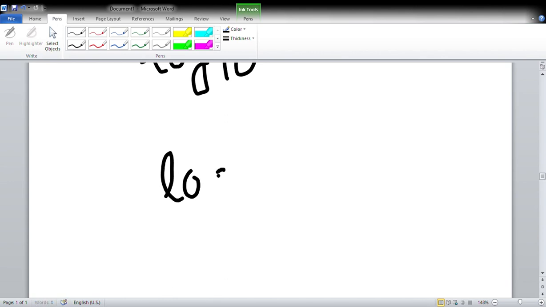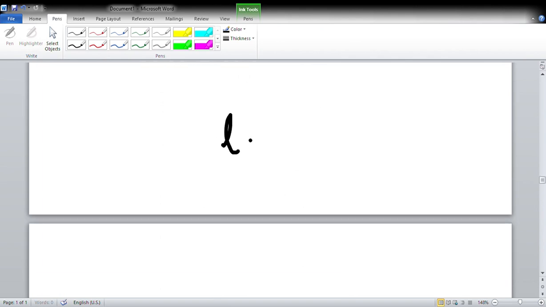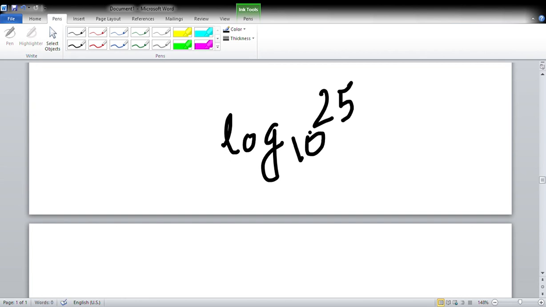Log of 20 with the base 10, log of 25 with the base 10 are common logarithms. So any log which has the base 10 is called a common logarithm.